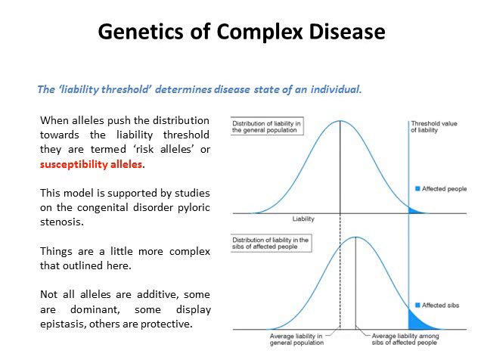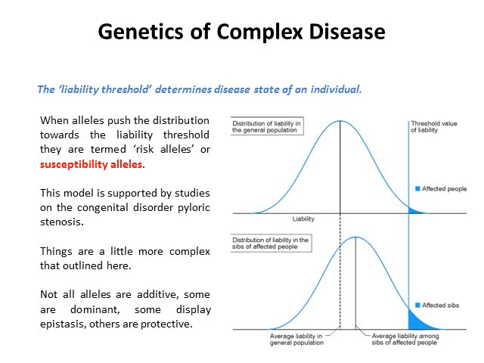So what you can infer from this is that the liability threshold for pyloric stenosis is higher in girls than it is in boys. In other words, if you're a boy, you may only need to get to this point on the curve, and then you'll develop the disease. If you're a girl, you only develop the disease if you get right to the end of the curve, if you've got a lot of these susceptibility alleles present.